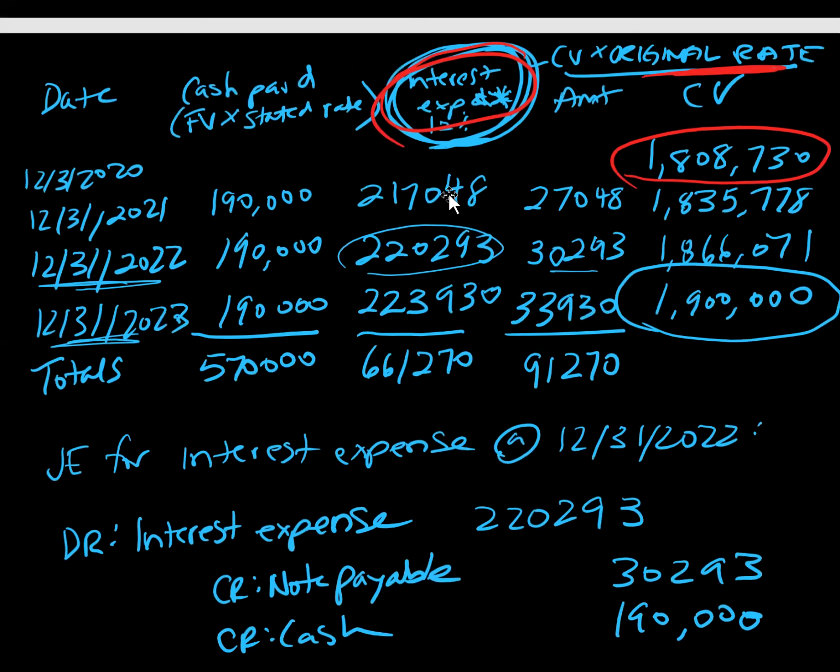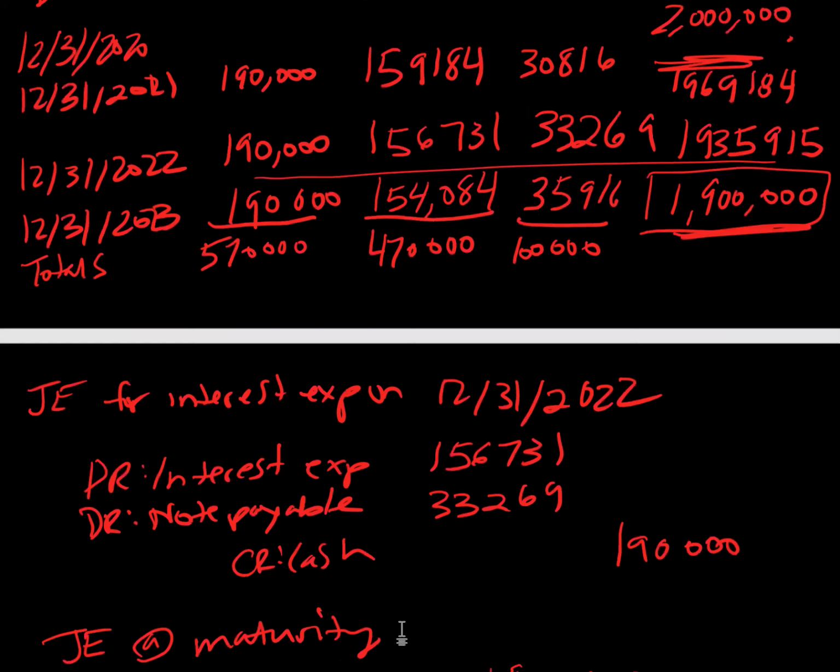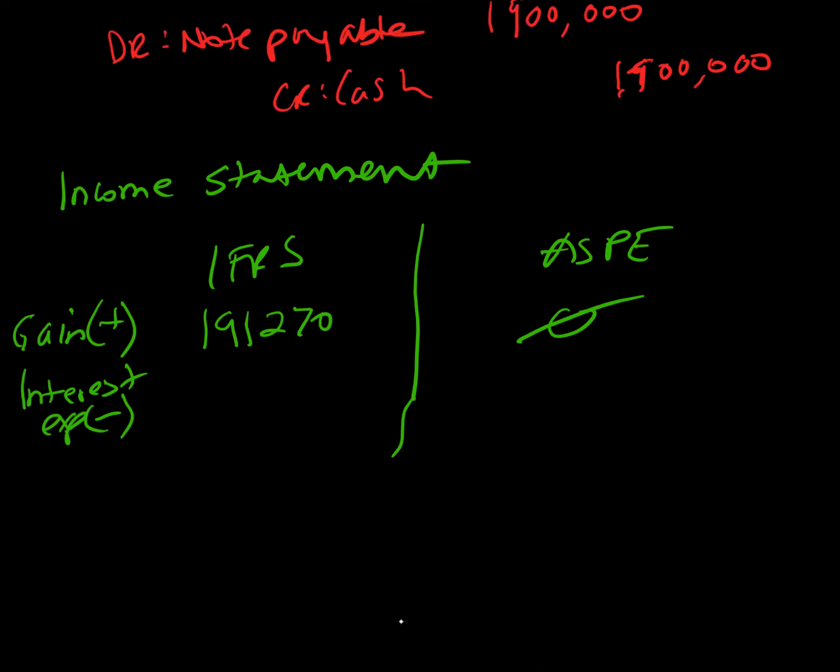So remember how we put these totals through, and we had our interest expense here under IFRS, which was the carrying value times the original rate, that 12%, that was the interest rate on the debt before the terms were changed. Well, through our amortization schedule that got us to the 1.9, the total interest expense that went through the income statement under IFRS was 661,270. So let's put that into our table here. So we had interest expense of 661,270.